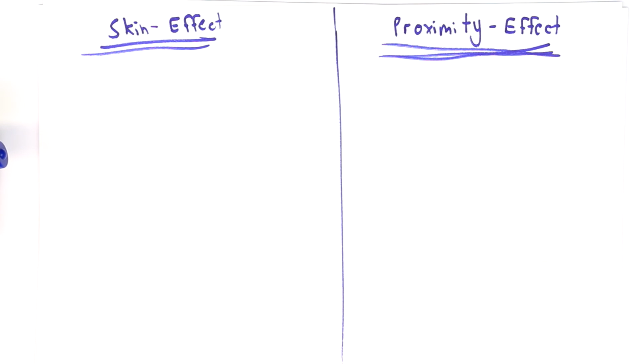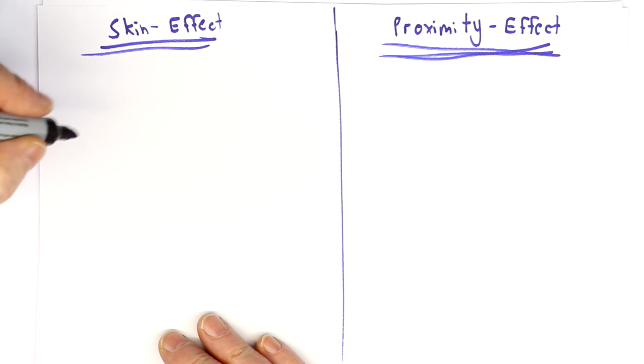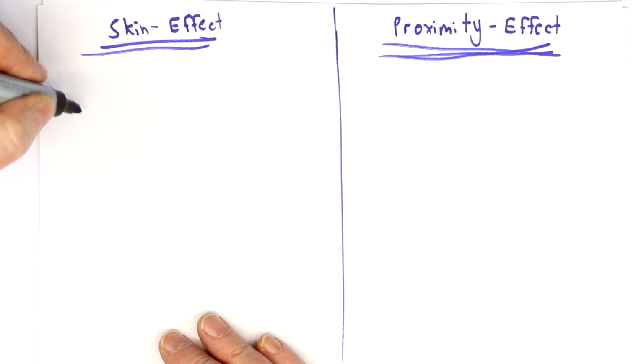So let's finally put it all together. We have the two most important effects that raise your ohmic resistance, the skin effect and the proximity effect, and there are ways and measures to counteract them.